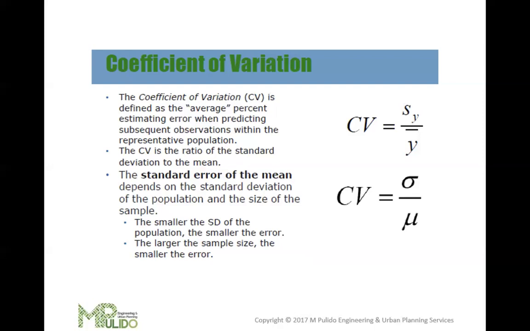So for a population, for example, rho, no, not rho, is it rho or phi? Sorry, I forgot. Over mu. So CV equals rho over mu, where rho is the population standard deviation and mu is the population mean.